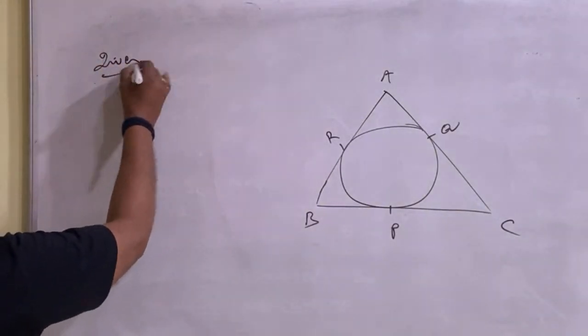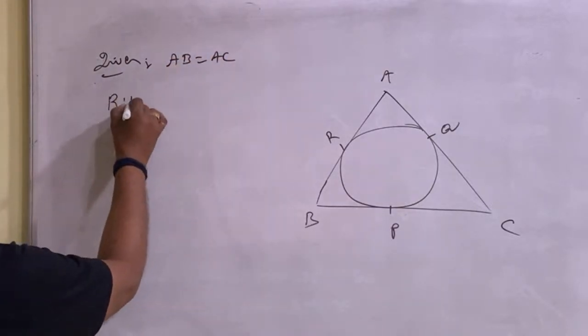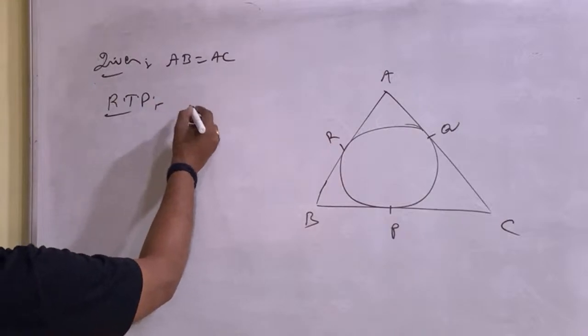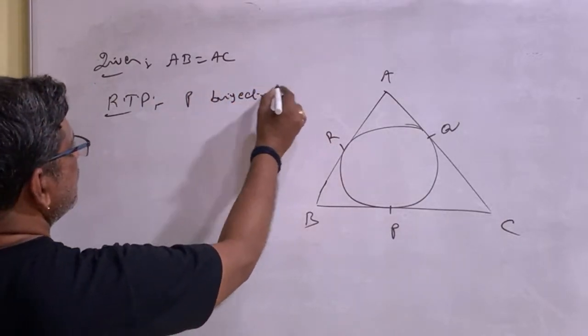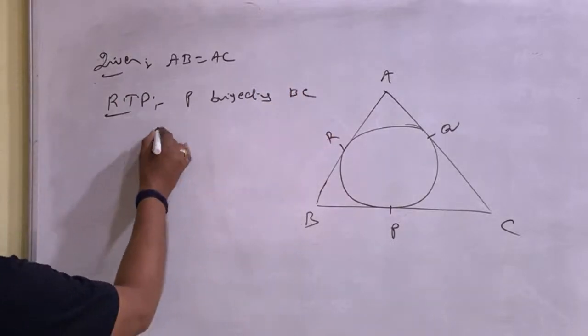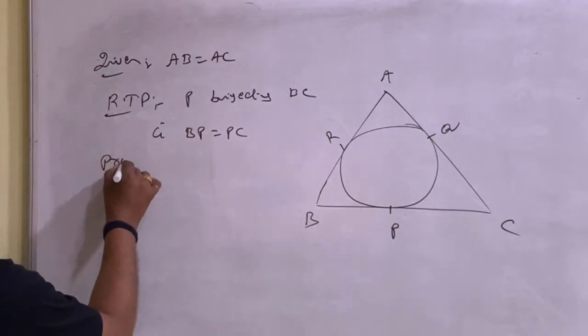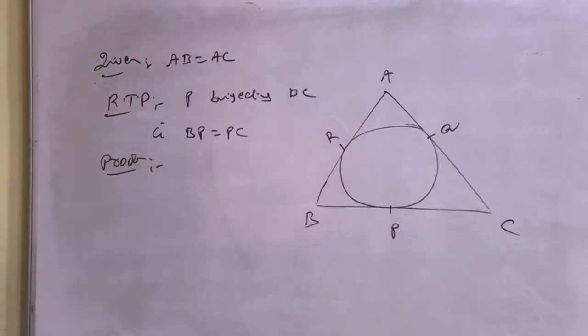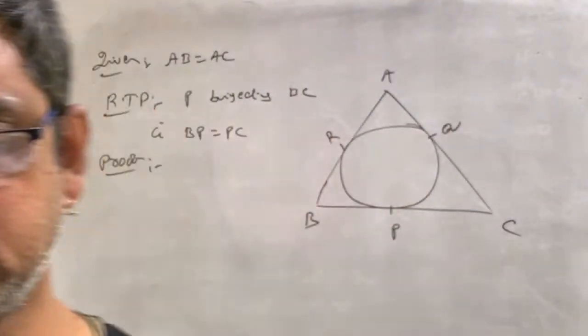What is given? AB is equal to AC. And what is required to prove? P bisects BC. That is BP is equal to PC. Now how to prove this?